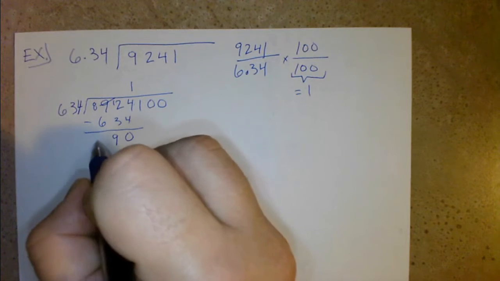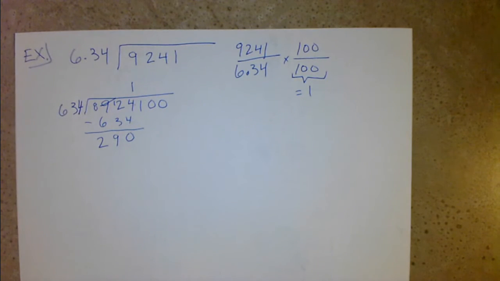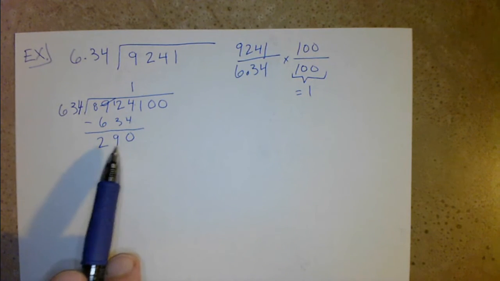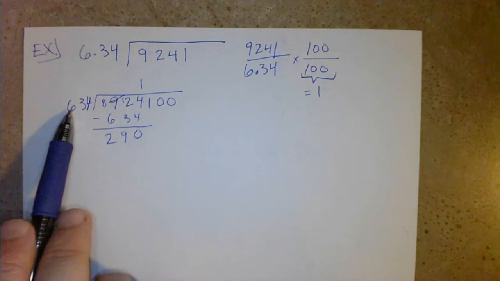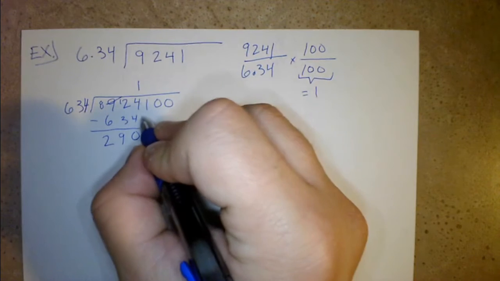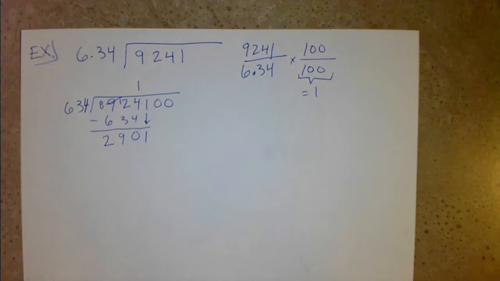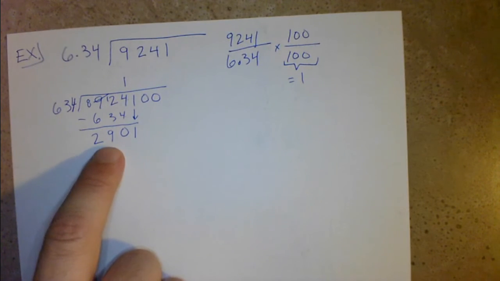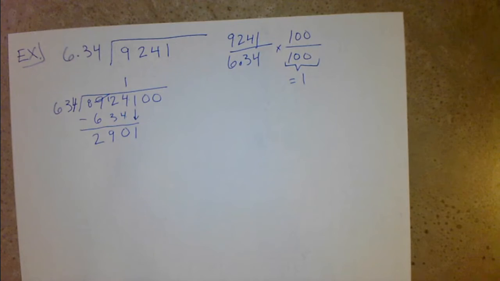So that's a 9 right there, and that's a 2. Totally a-okay because 290 is a pretty big number, but it's still less than my divisor of 634. So I know I'm in good shape. I bring down that 1. How many times does 634 go into 2,901?